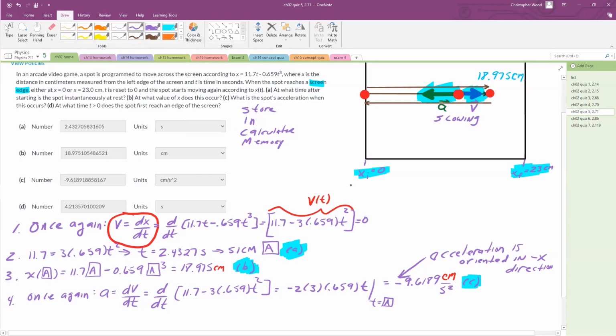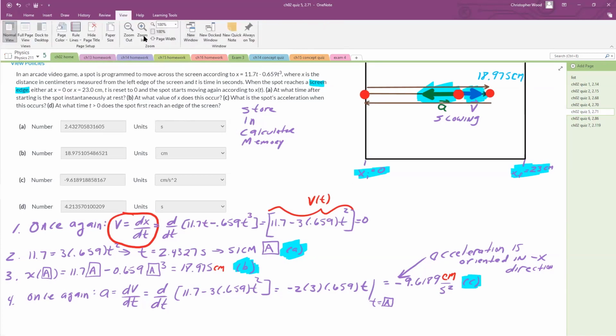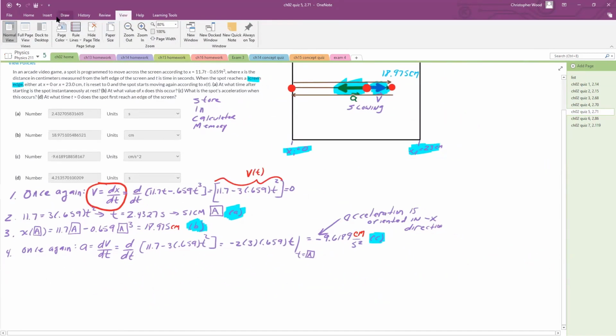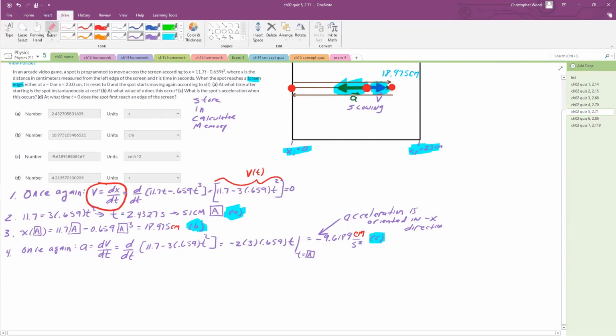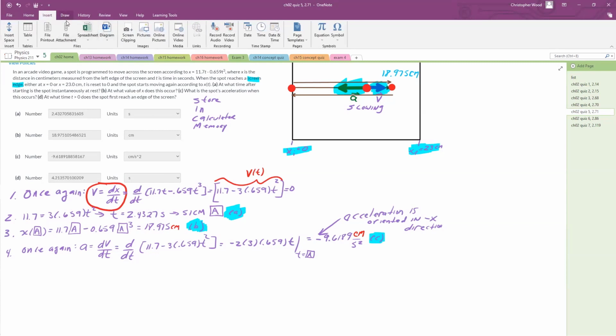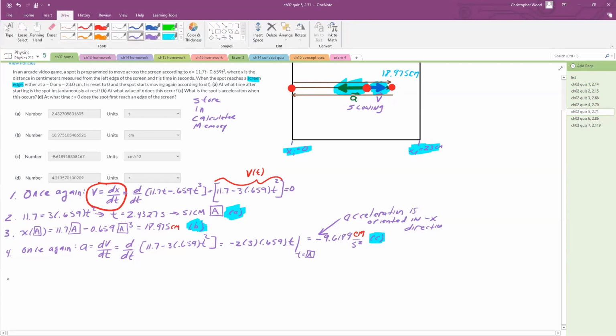So step number 5 is basically doing the math and physics to support what I think is going on. Once again, the spot returns to the edge of the screen at x equals 0. They didn't tell you that, but we actually had to figure that out using all of this thought process.